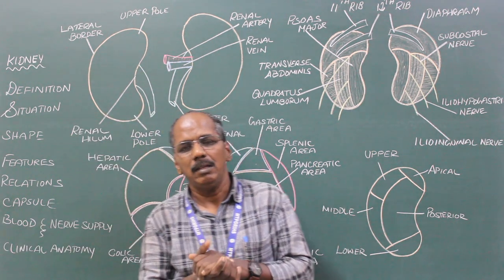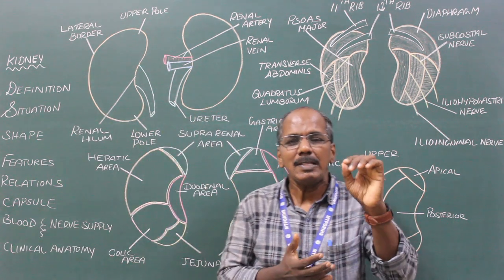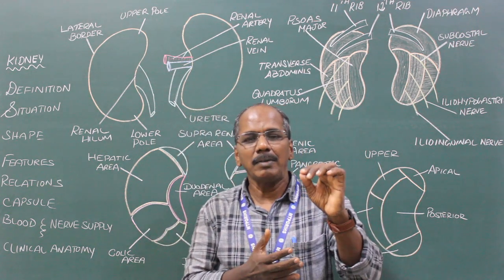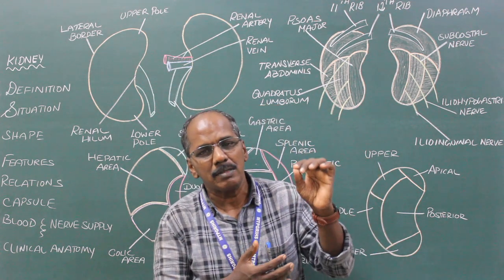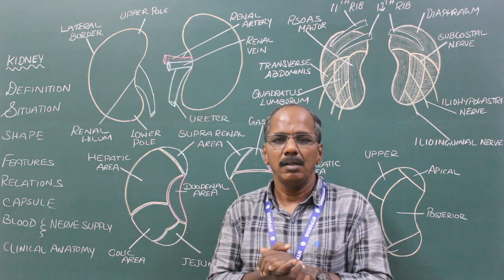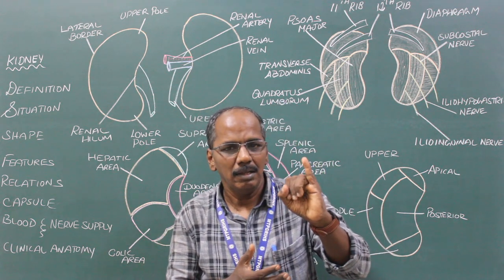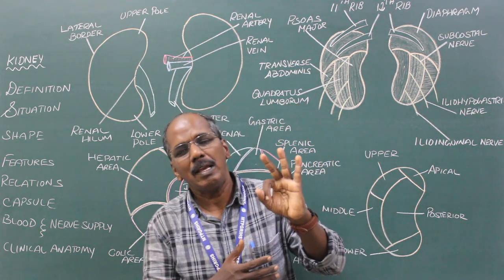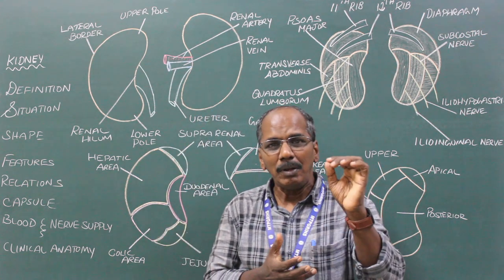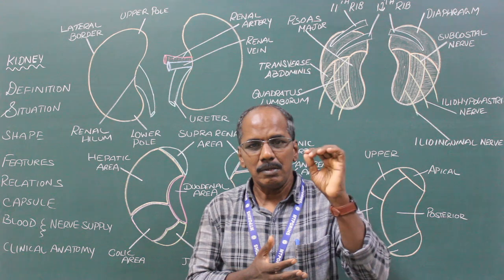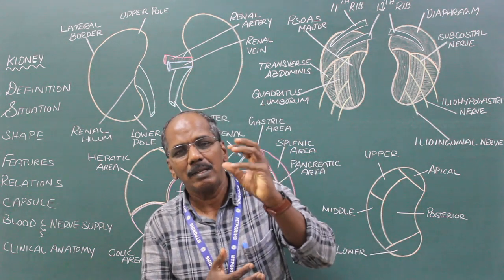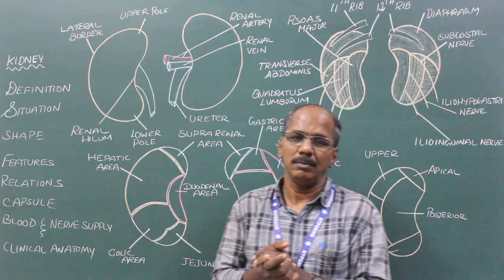Clinical anatomy. Number 1, congenital anomalies of kidney. The most commonly occurring congenital anomalies of the kidney are lobulated kidney, horseshoe-shaped kidney and renal agenesis. Lobulated kidney is due to persistence of fetal lobulation in the adult kidney.